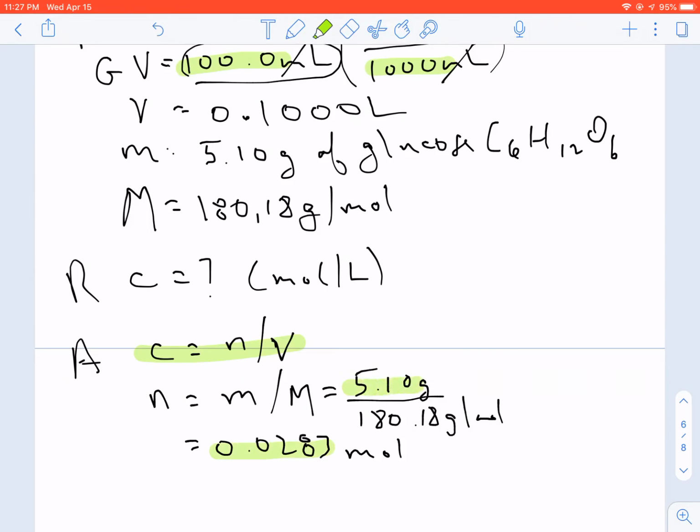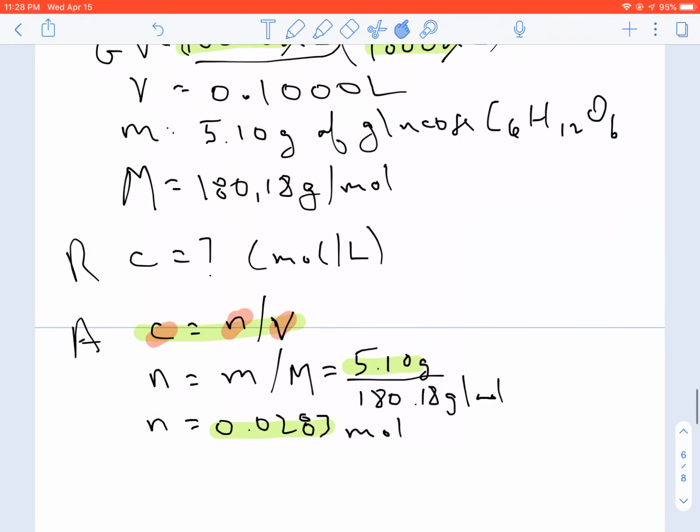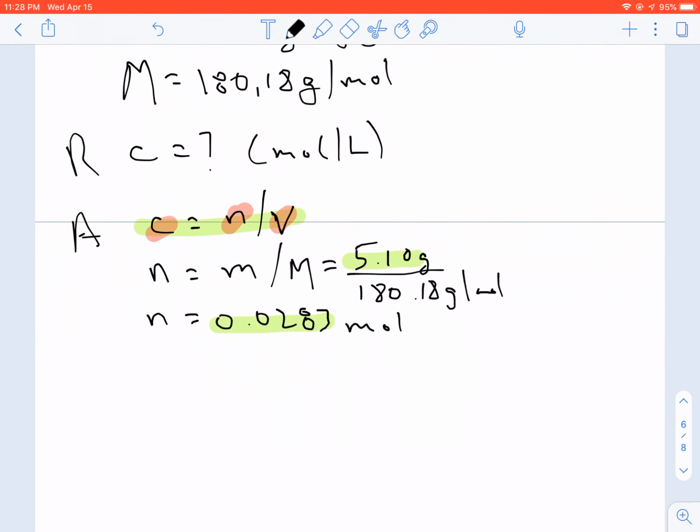Now again, I'm not going to be very finicky or fussy about my numbers of moles, of significant digits, but just be aware that we really should be following through with this all the way through. So I now know my number of moles, I know my volume, I know N and I know V, so I can now solve for C. So let's go ahead and substitute our numbers in now.